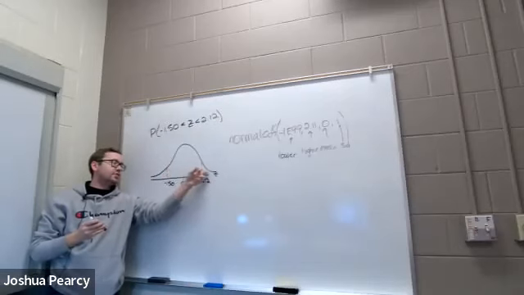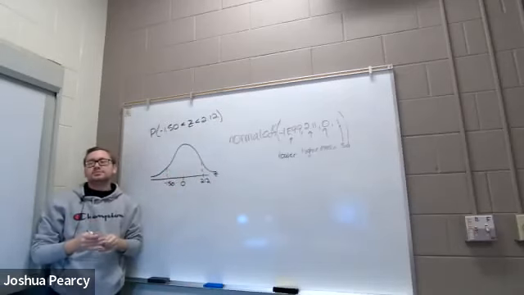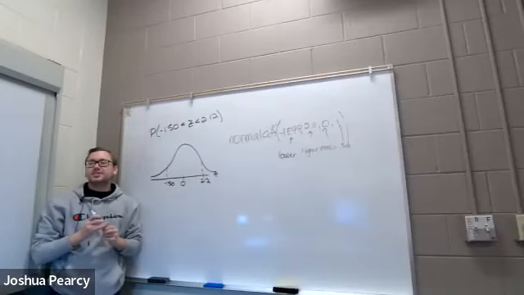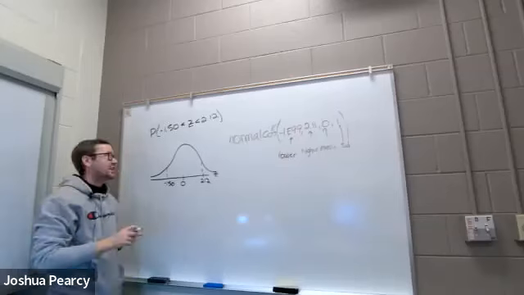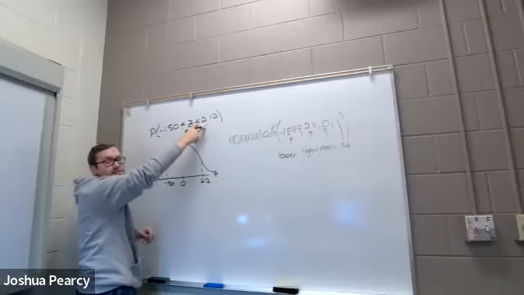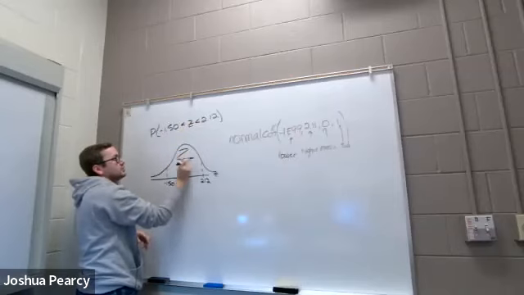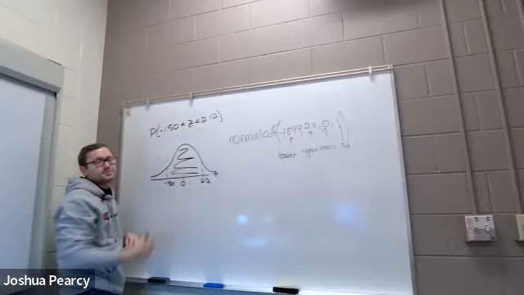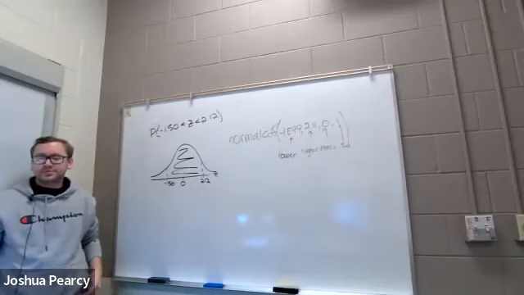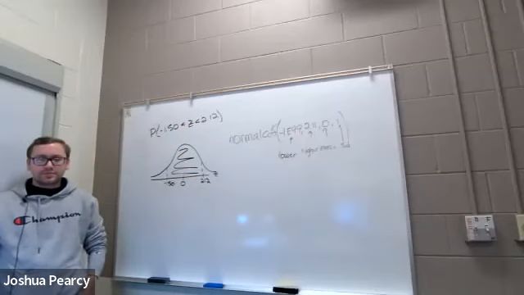This one, or this one? What do you think? If I want the probability of it being between these two, I obviously want the area in the middle. So I want this. How do I find it?